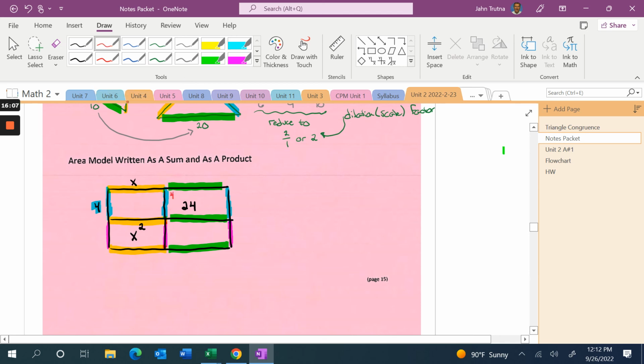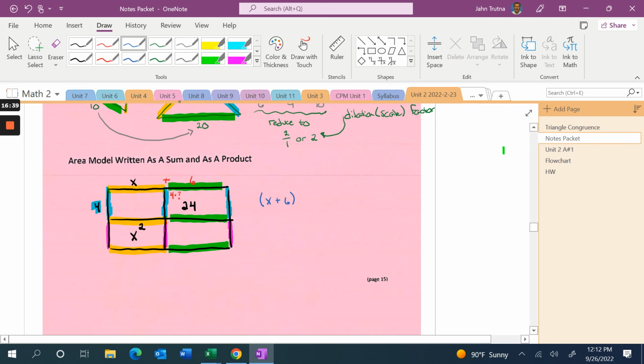So this is what I'm asking. 4 times what is equal to 24? Well, that what has to be 6. So that means then that green part has to be 6. And since it's a positive 6, that makes the length of my top portion of my area rectangle be represented with x plus 6. Okay, so my top portion is represented with x plus 6.